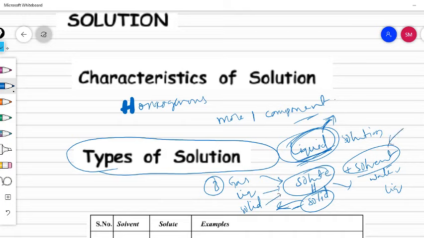For the solvent also there are three phases: gaseous form, liquid form, and solid form. Okay, so if you see the combination of these 3 and 3, it's going to be 3 into 3, 9 types. So in total you're going to have 9 types of solutions. So what could be those 9 types?